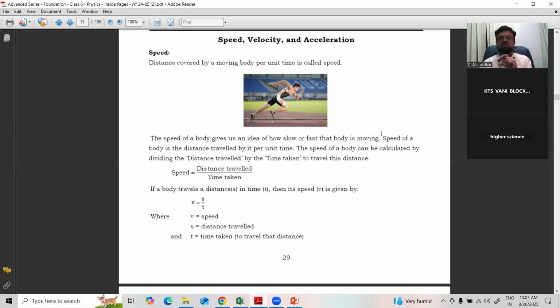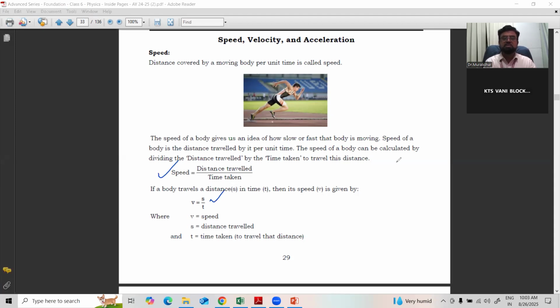As you know, distance does not have any direction, so speed also does not have any direction. So speed is a scalar quantity.